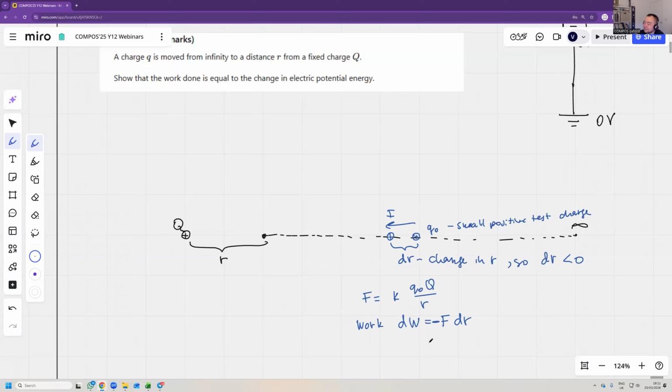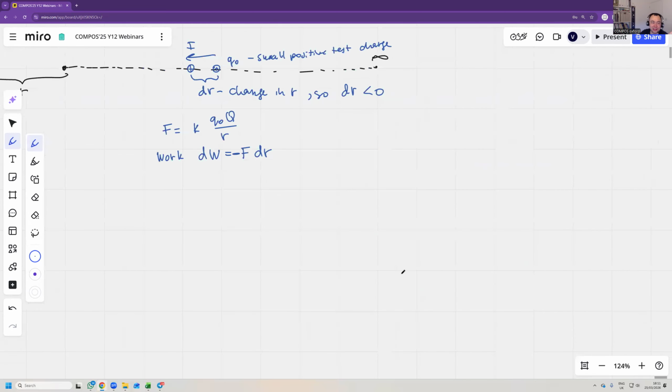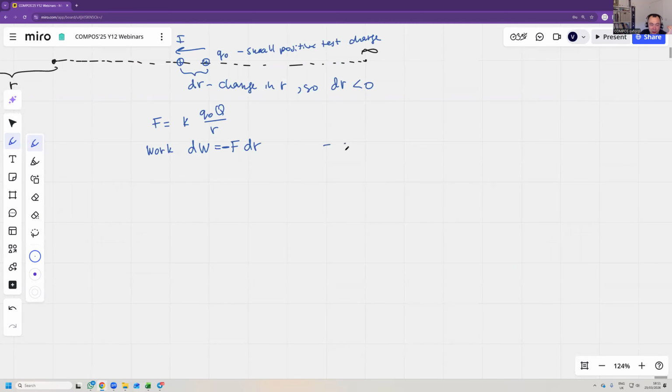Hope that makes sense. We know the work is positive because you're pushing. Force is positive, you can just take the modulus of the force. Then we know dr is negative, so we have to take a minus. The minus compensates for the fact that dr is negative.